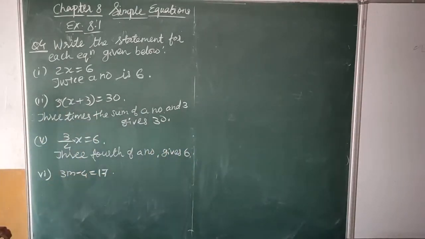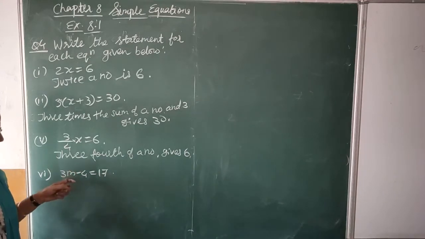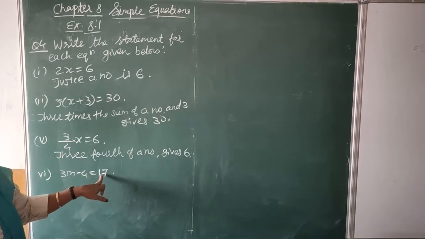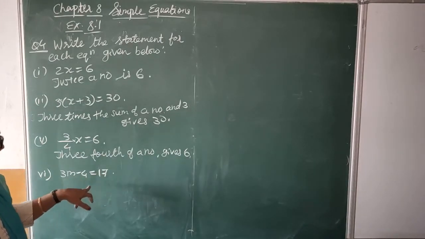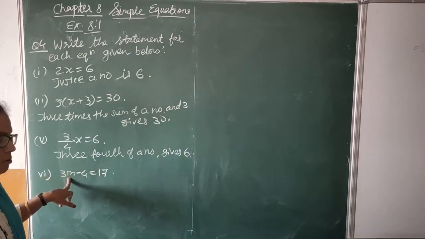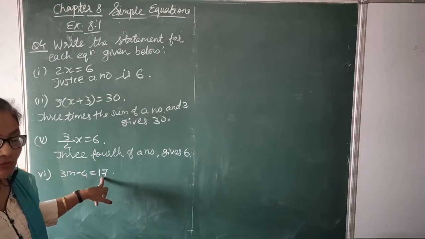Now let's move to this. 3m minus 4 is equal to 17. You can write 4 less than 3 times m gives 17, or 4 subtracted from 3 times a number gives 17.